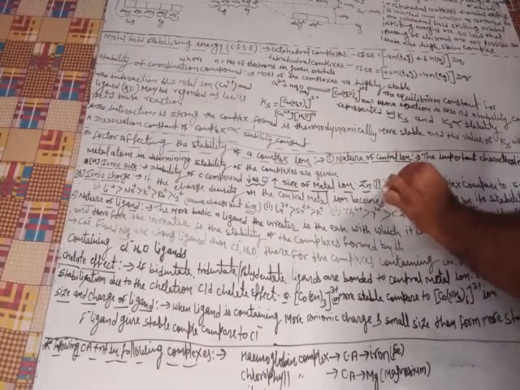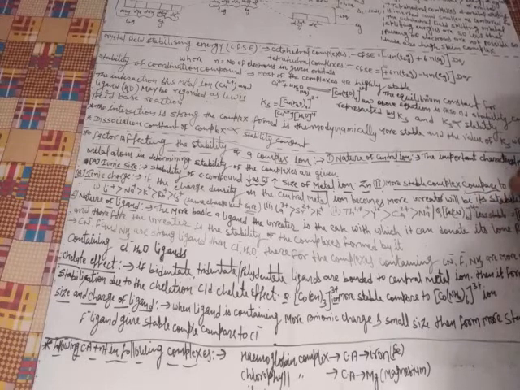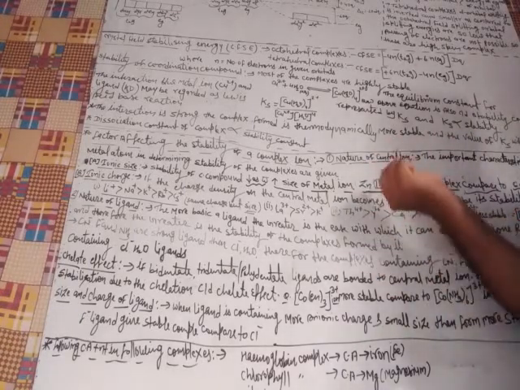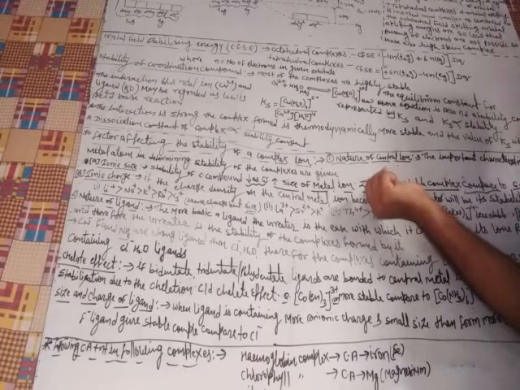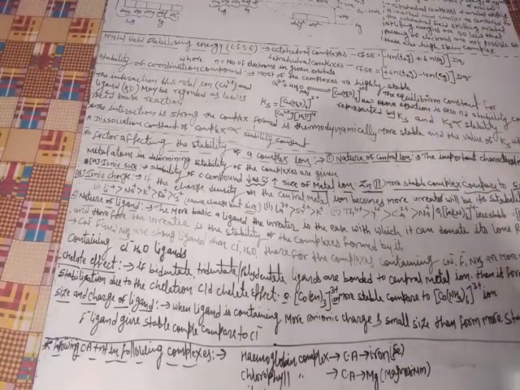Zn2+ forms more stable complexes compared to Cd2+, because the Cd2+ size is larger than Zn2+. So a small size of central atom is more stable compared to a larger size.